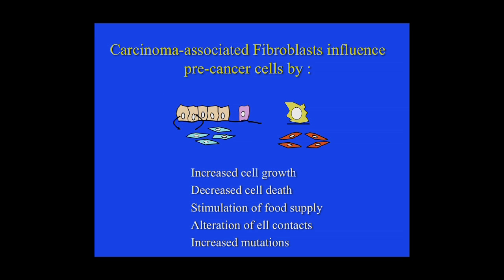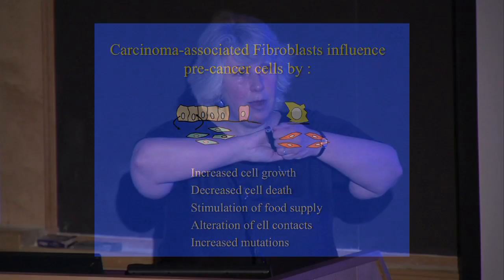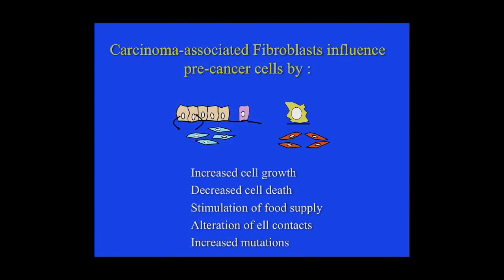And the signals that they send to the epithelial cells are, they say, increase your growth, decrease your cell death, stimulate the blood vessels in the area so that they grow more and provide more food, more nutrients, change your cell-cell contacts, which means that what I showed you previously, the cells are not properly aligned. They're now scattered in different places. And it even says increase the rate of mutation.